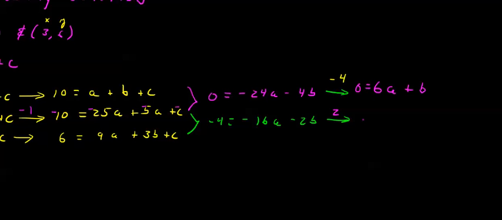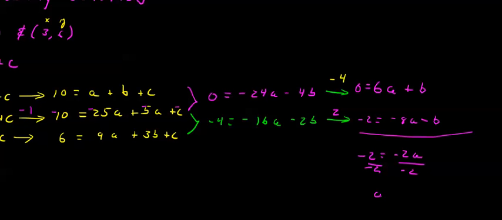And on the bottom, I'm going to get negative 2 equals negative 8a minus b. I divided here by a negative because I wanted this and this to have opposite signs. All right? And now I'm almost done. I add these equations together, and I get negative 2 equals negative 2a, divide by negative 2, and a is equal to 1.